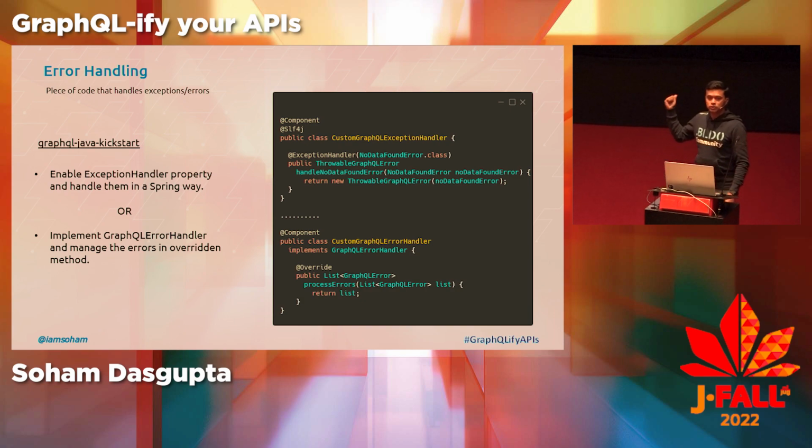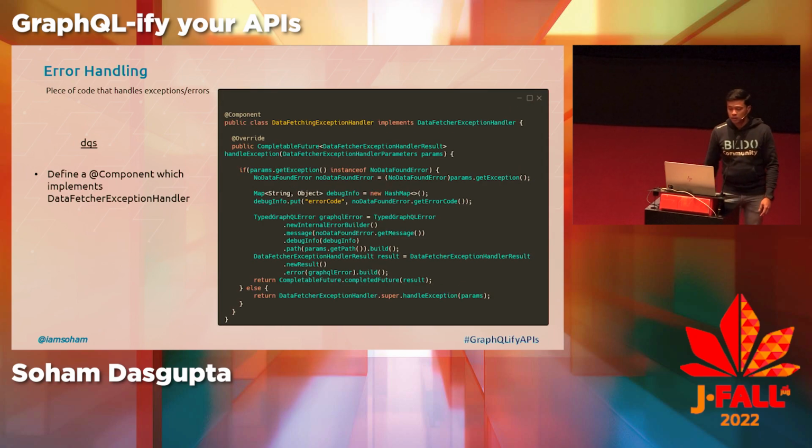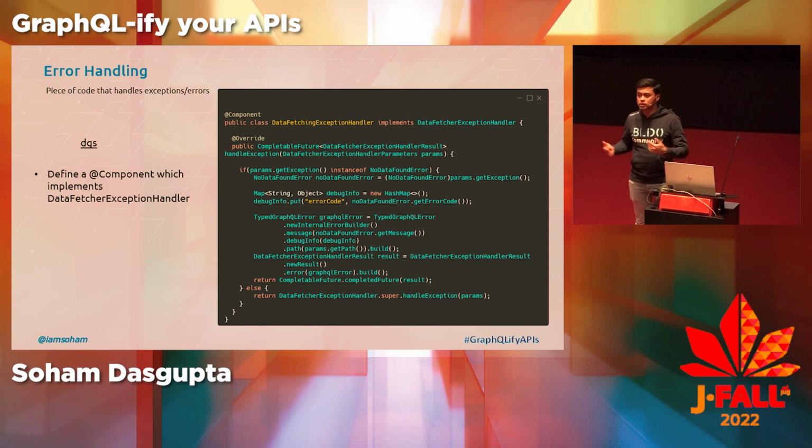They give you an option to do that as well, so you need to switch it on using a property, and then you can do it similarly as you would handle an exception in a REST call. But you can also implement an interface and handle it there, so depending on what you are familiar with or feel comfortable with. DGS, it's a lot of code there, but it gives you a method which you can actually intercept and do something about it with your error code.